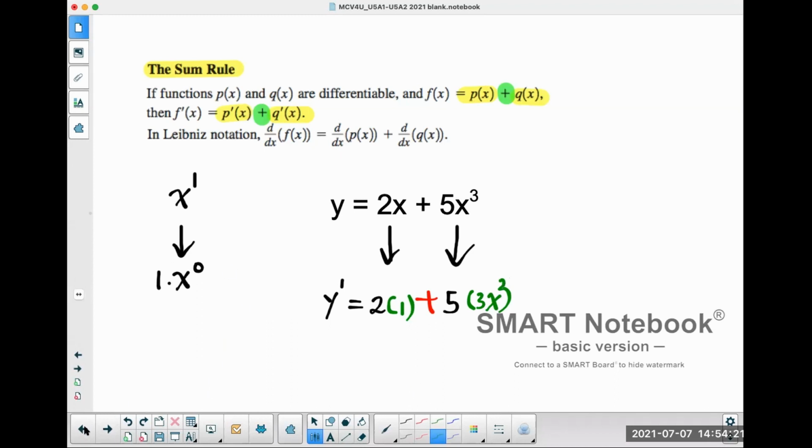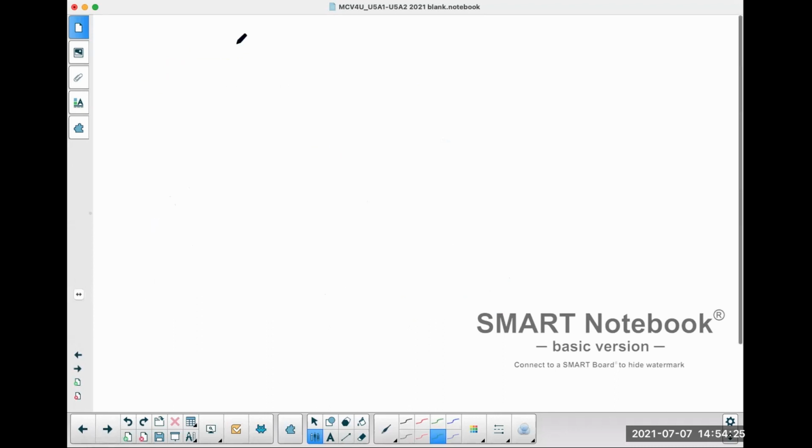So what you need to remember is going back to the first slide there and focus on all the power rules. X to the power of 0, it's going to be 0, right? It's a 1, so it's going to be 0. X to the power of 1, that's going to be a 1.